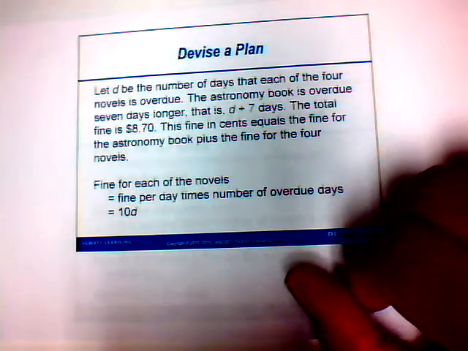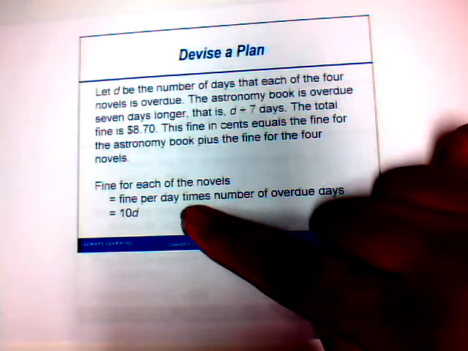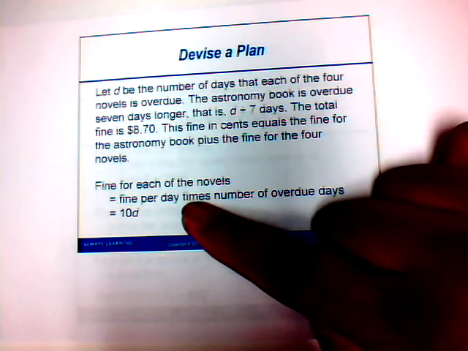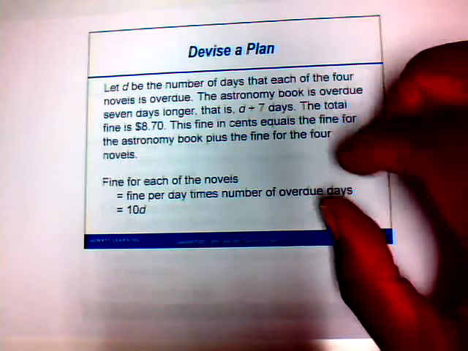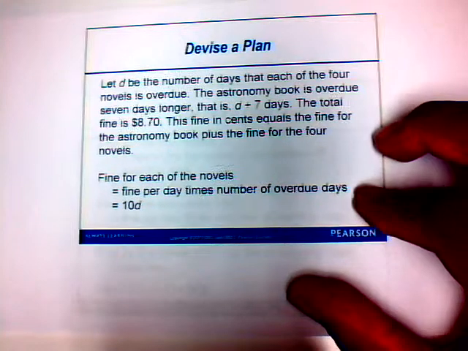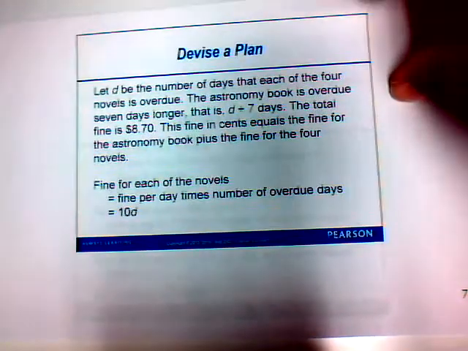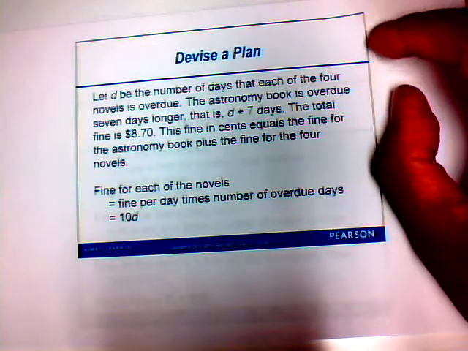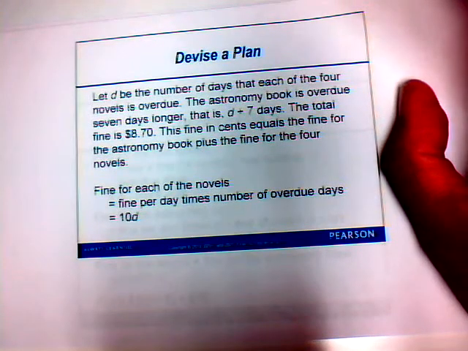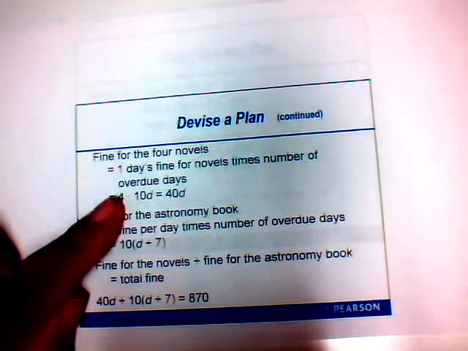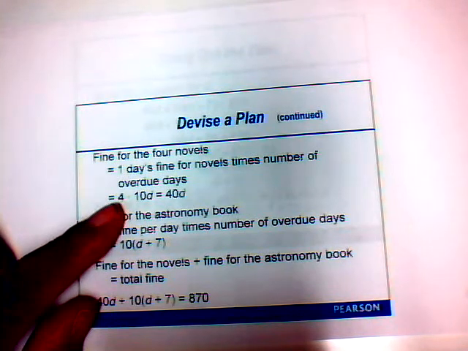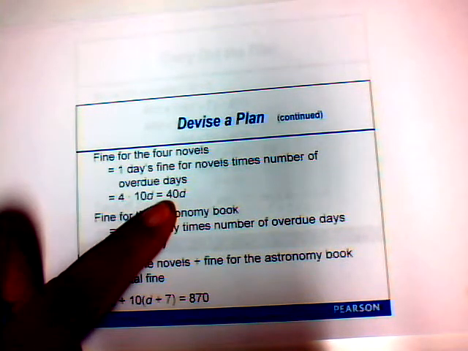Okay, so here the fine for each of the novels will be the fine per day times the number of overdue days, which is going to be 10 times D, because it was 10 cents for each day it was overdue. So the fine for the 4 novels: a day's fine for the novels times the number of overdue days, and the 4 comes from those 4 novels, times 10D, which will be 40D.